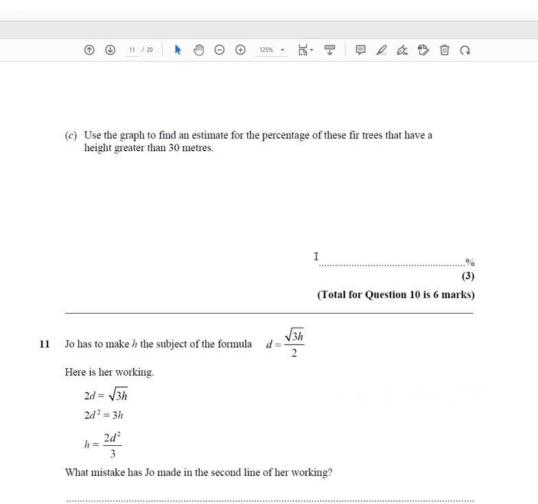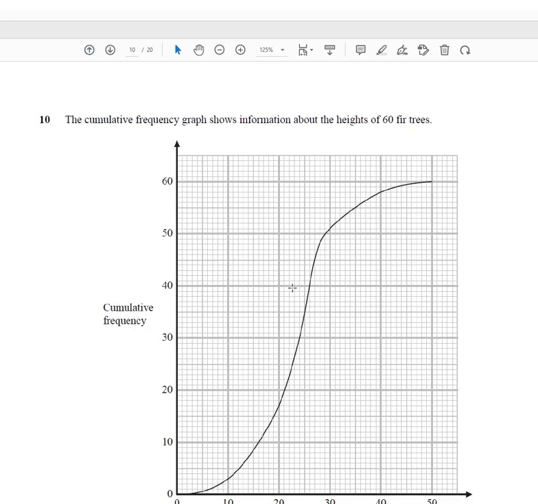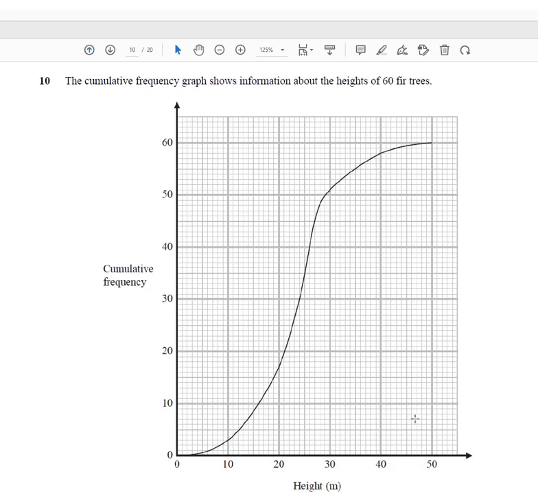Then it says, use the graph to find an estimate for the percentage of those fir trees that have a height greater than 30 meters. Okay, well, let's go back to it. Greater than 30 meters. Here's 30. Read up and read across.